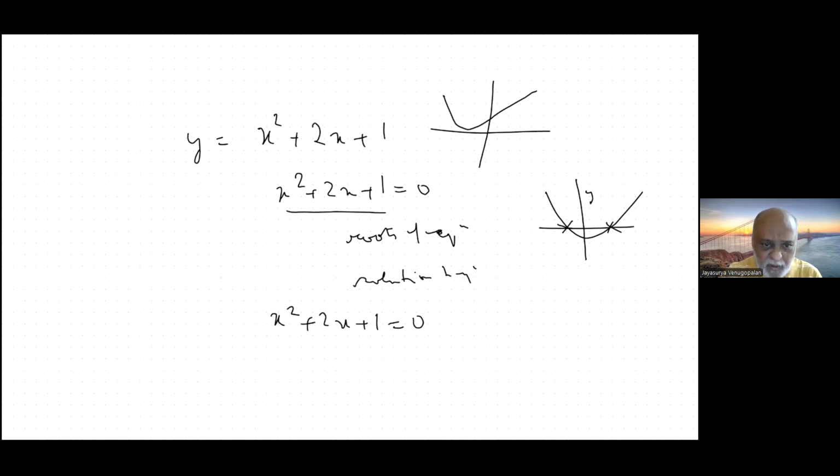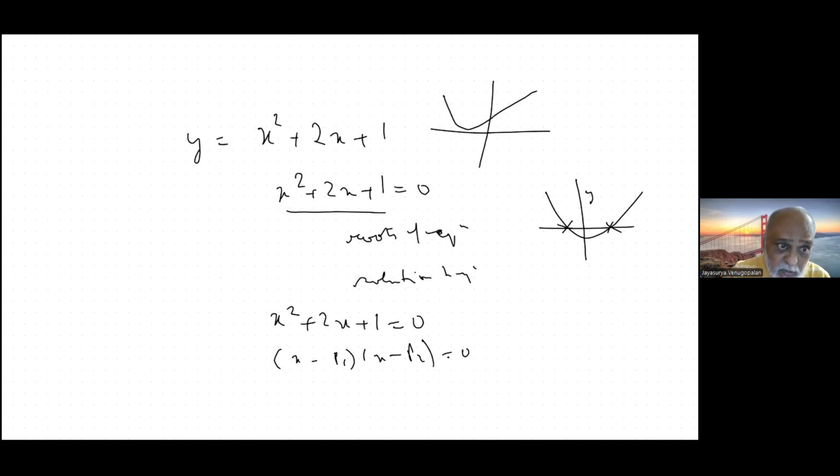I'll treat it now. If I can factorize this expression into, say, x minus p1 and x minus p2, then I can equate (x minus p1)(x minus p2) equals 0, right? When will the left hand side be 0?